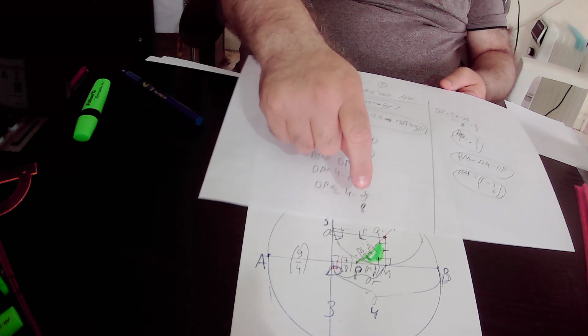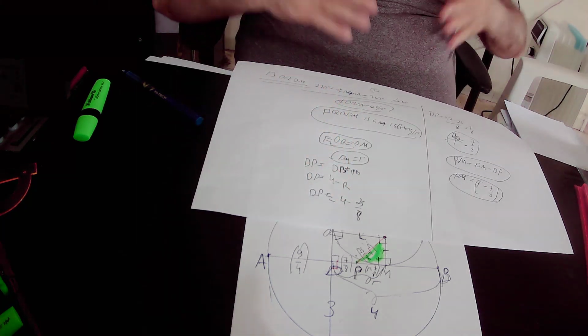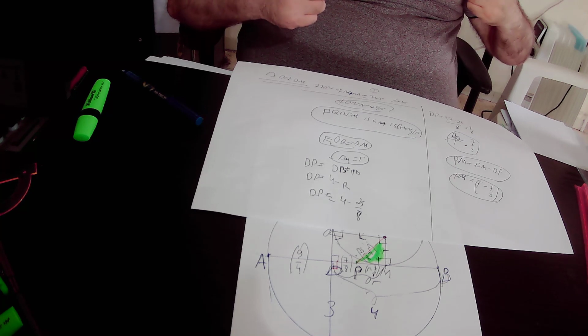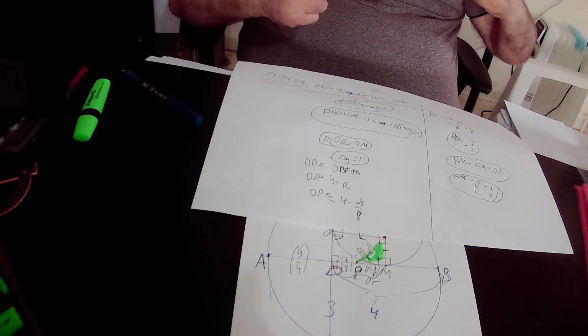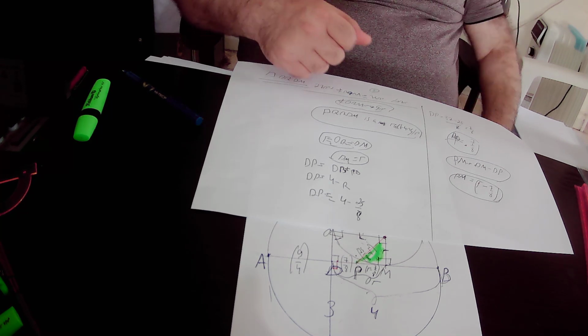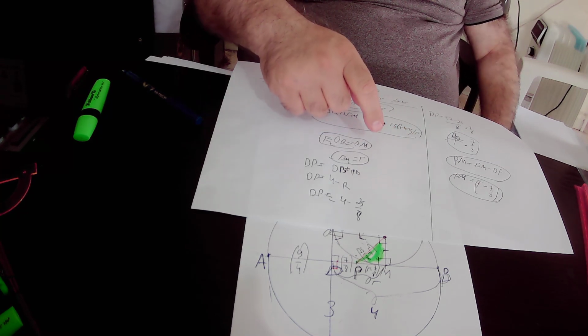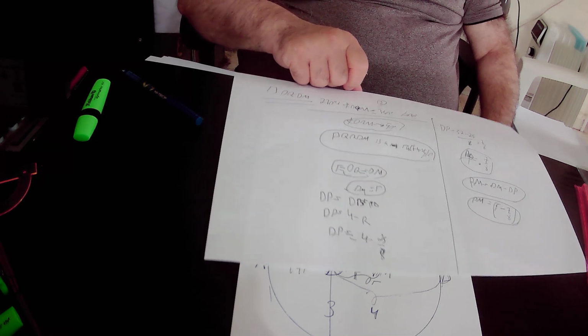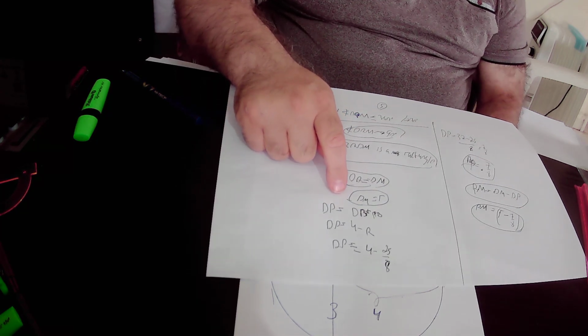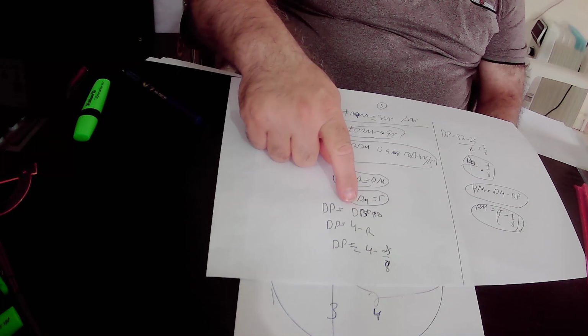Because line segment PB starts from the center of the big circle, that is from point P, and ends at point B, the point on the circle itself. Therefore PB is the radius of the big circle, equal to capital R. So in conclusion, DP equals 4 minus capital R.